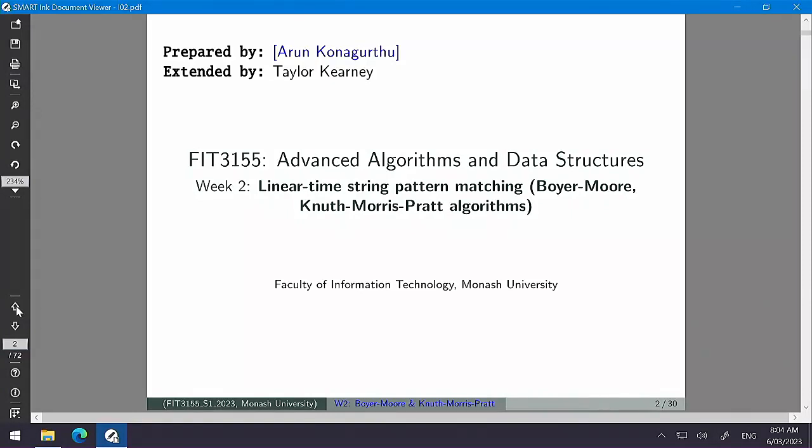But in doing so, I'm going to give you a modern treatment, or at least the lecture is going to talk about the modern treatment of Boyer-Moore and KMP, where we're going to use the Z algorithm as the wrench to drive the shifting, to shift the pattern under the text efficiently.